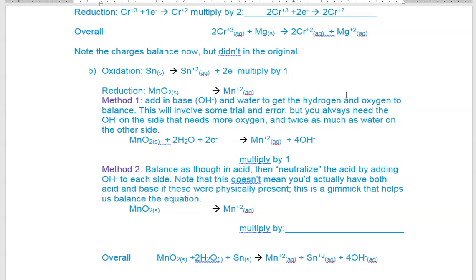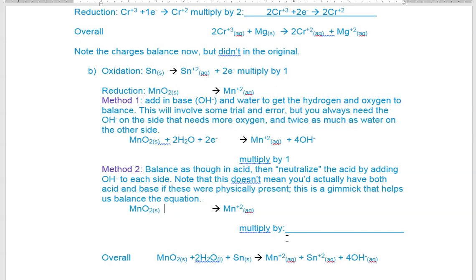So method 2 is actually the one that the textbook uses, so I'm going to mention it. So in method 2, you balance it as though it's in an acid, and then you neutralize the acid. Now, this is just a gimmick. You're not actually neutralizing an acid. You really would have that same reaction that we figured out here.